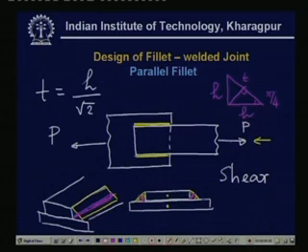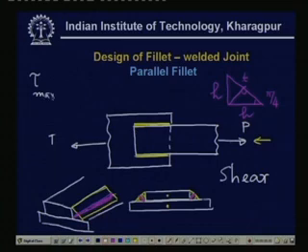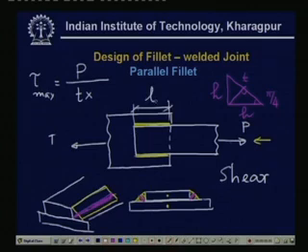Now, the maximum shear stress, tau max, will be equal to force divided by total cross section area, and here the total cross section area is T times the length L, and there are two such welds which are symmetric.